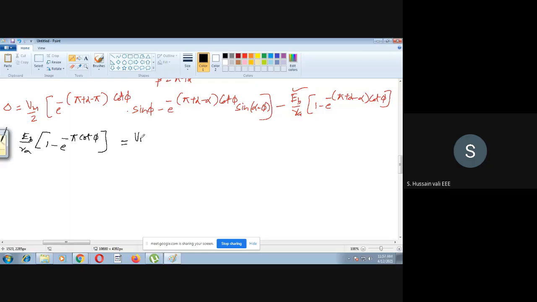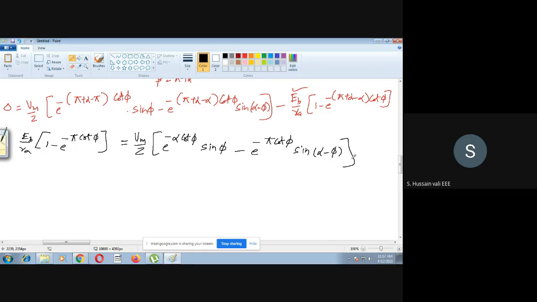Then Vm by Z e power, pi will get cancelled, so minus alpha cot pi sin pi, minus e power minus pi cot pi sin alpha minus pi. Okay, this expression we got.